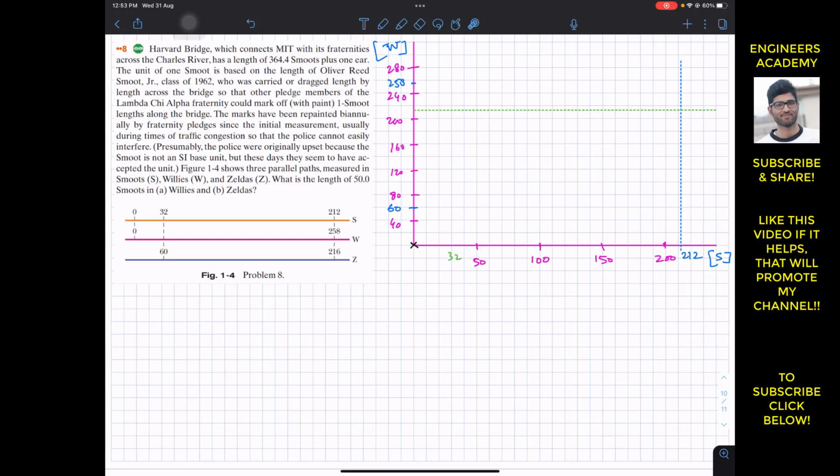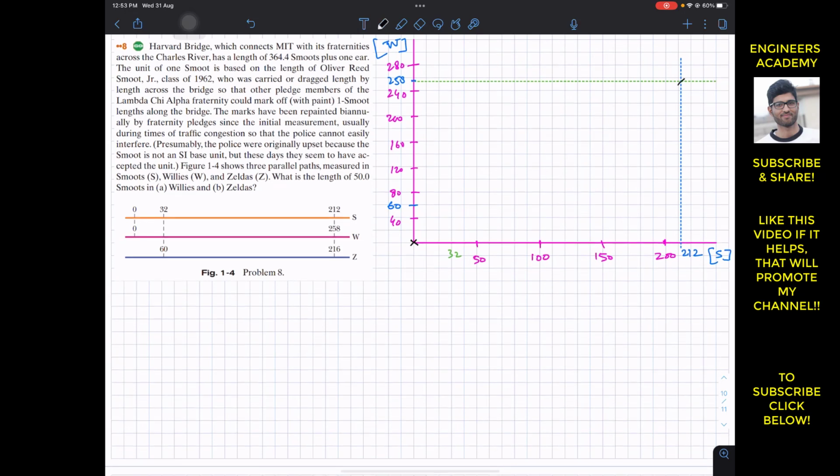If we draw a vertical line here, and similarly a horizontal line at 258, these two lines intersect at a point. The coordinates of this intersection point are 212 Smoots and 258 Willies, and there is a direct relationship between the Smoots and Willies.